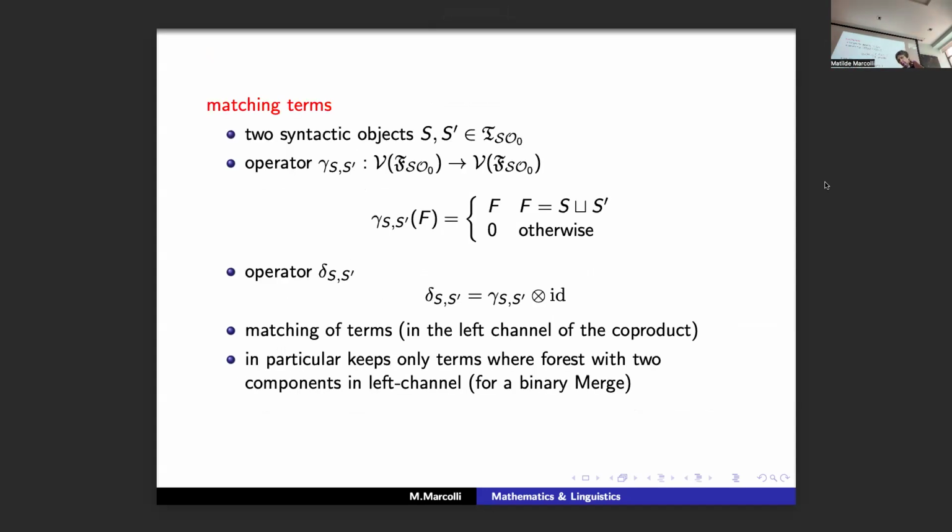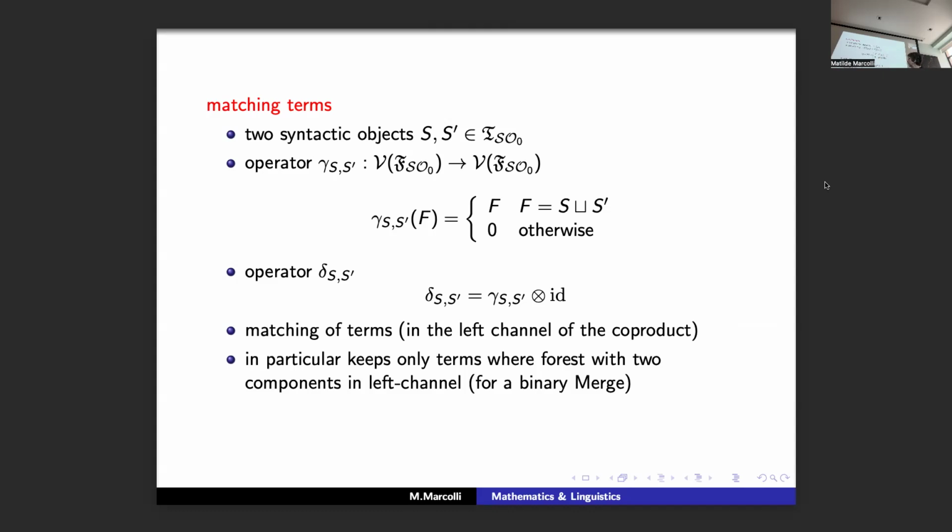Okay, so let me just say that this operation that selects the matching terms is really just a delta function. What it means in particular is that it's looking in the left channel of the coproduct for a term that only has this as the extracted term, and whatever else is in the right channel.